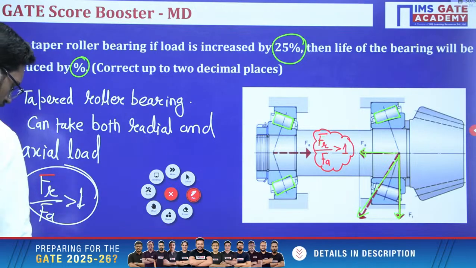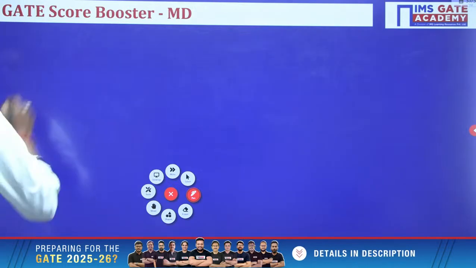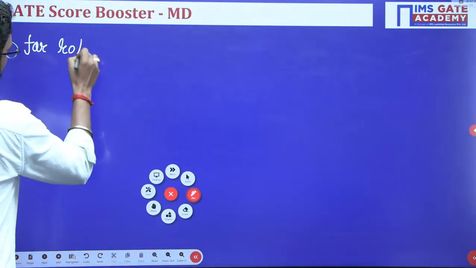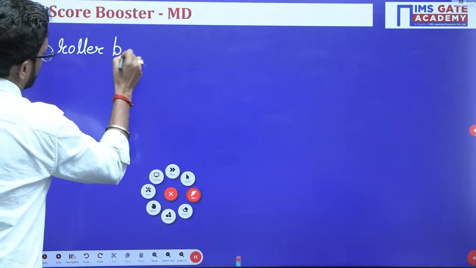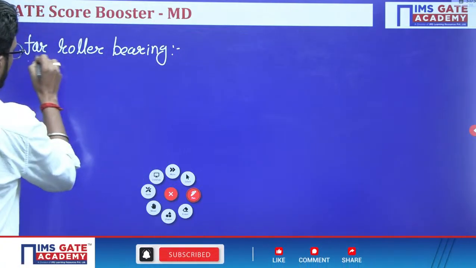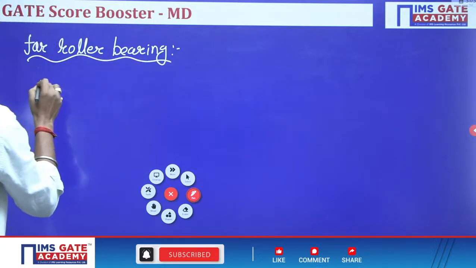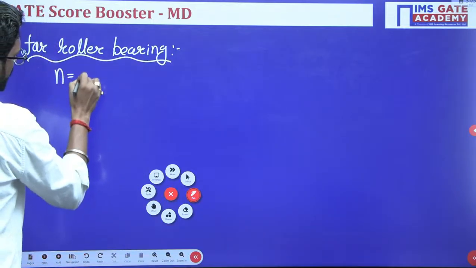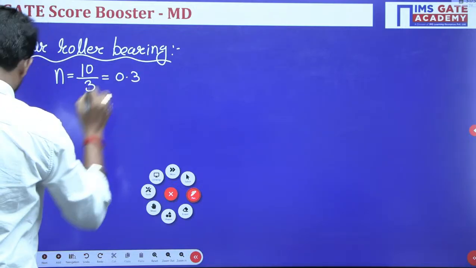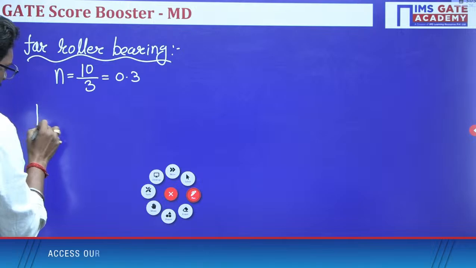Now, next. For roller bearing, n is equal to 10 by 3. That means 3.33.